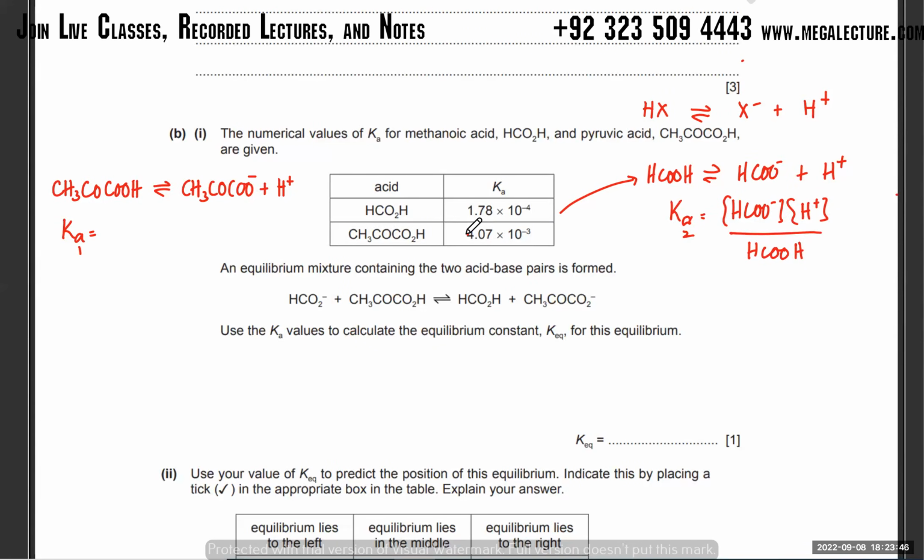Now this is a separate acid, so product concentration CH3COCOO minus 1 concentration into H plus 1 concentration, and the whole thing gets divided by CH3COCOOH concentration, right?